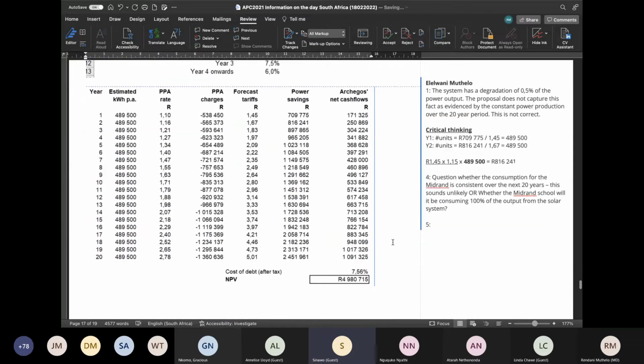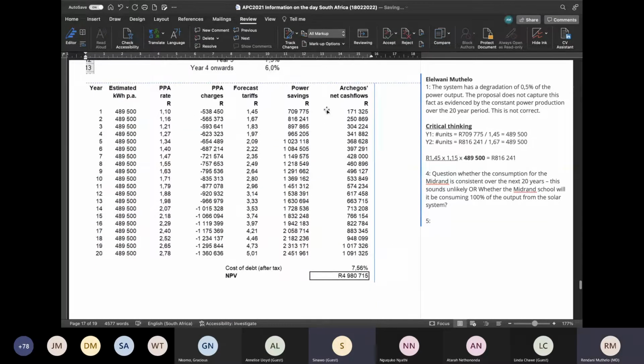Okay, then what is missing? What do you normally see in an NPV analysis? So these savings, do you think all of them will belong to you? You're a company. When you generate income, what happens?